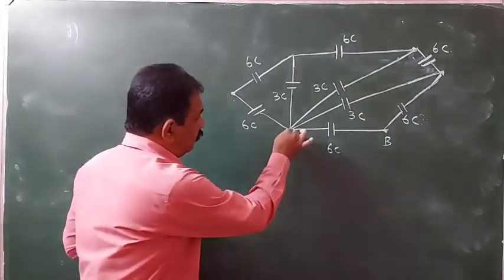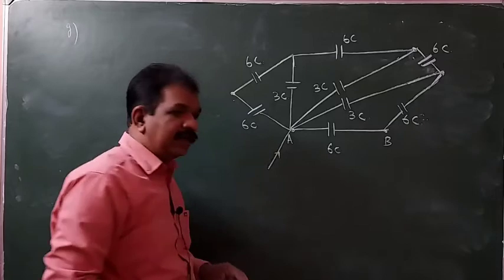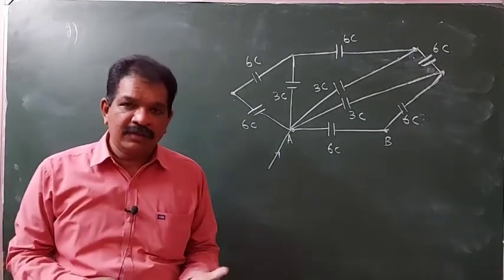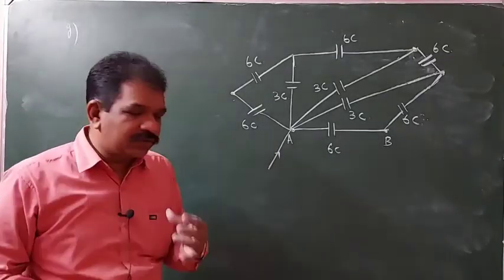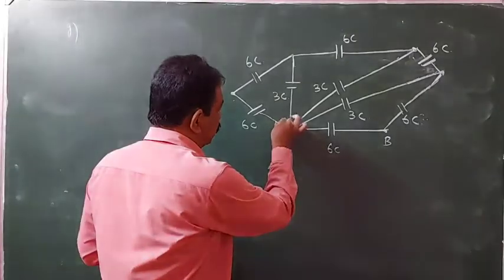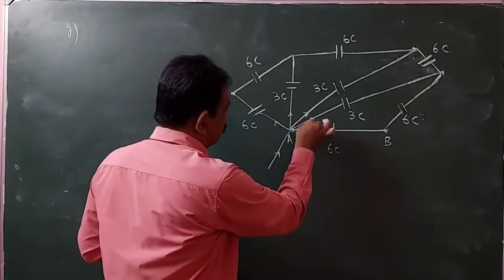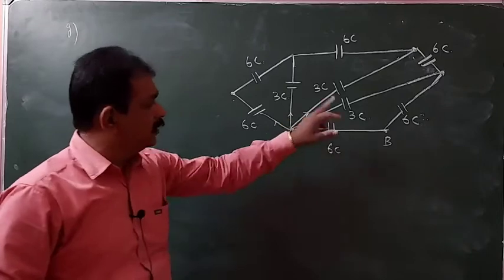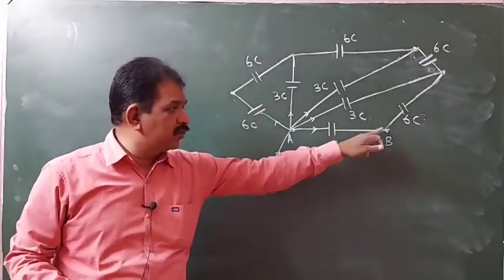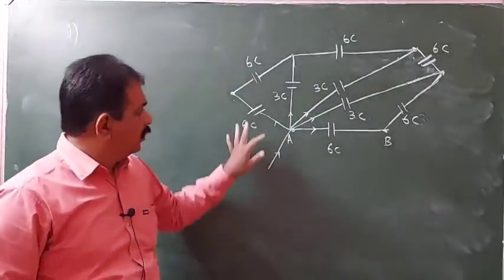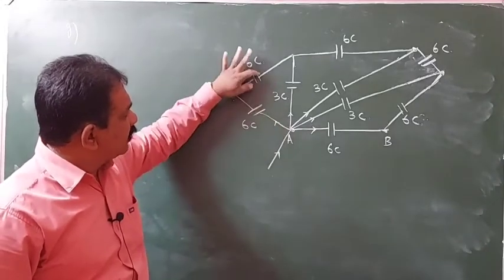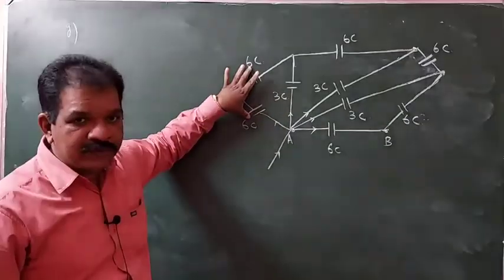Here charge will find, if charge entered at A, started from A, it will find 5 ways to travel. This is one, this is one, this is one, this is one. 5 ways it will find to reach the point B. You observe in this same charge flows.